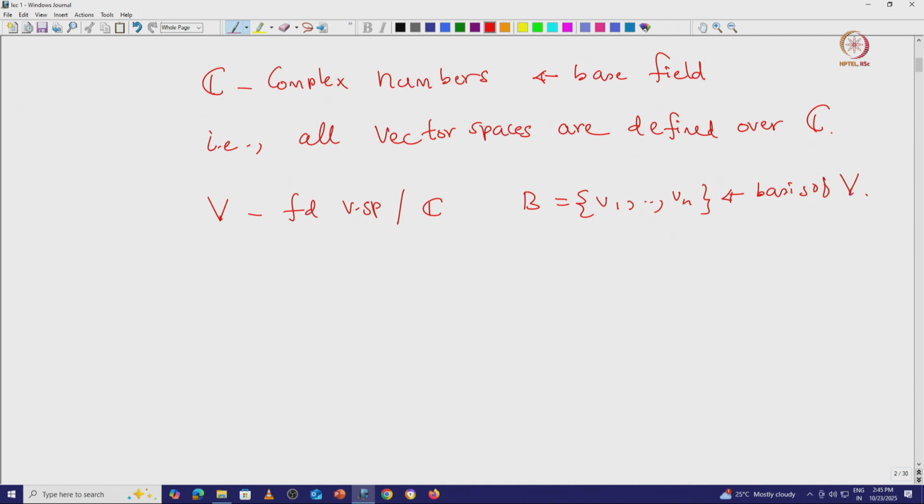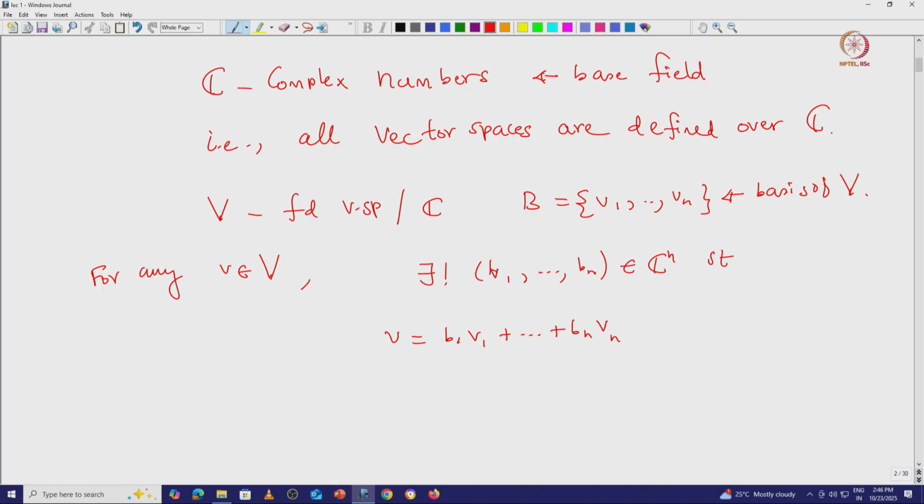Then with respect to this basis, we can talk about the coordinates of any given vector. For any vector v in V, we can write v as a linear combination of these basis vectors in a unique way. So, let us say we have these unique coordinates b1 etcetera bn from C^n such that v is written as b1 v1 plus etcetera plus bn vn.